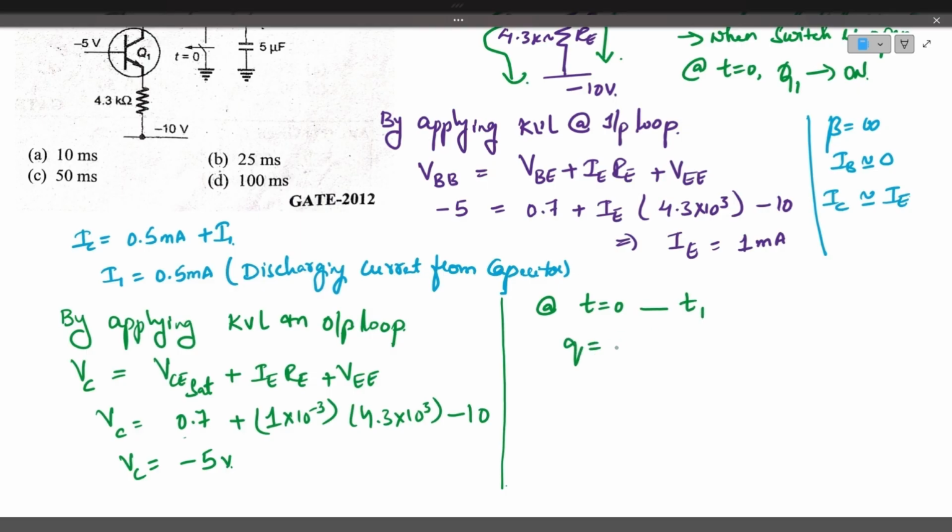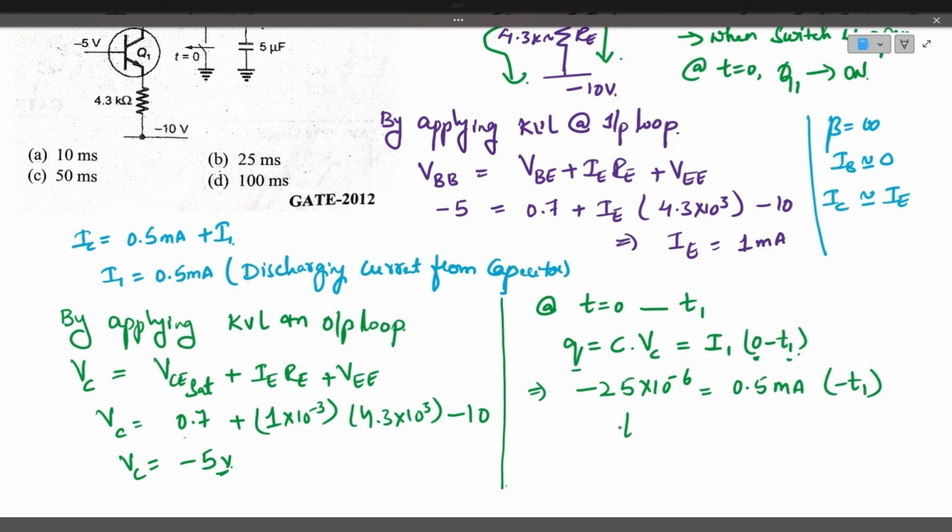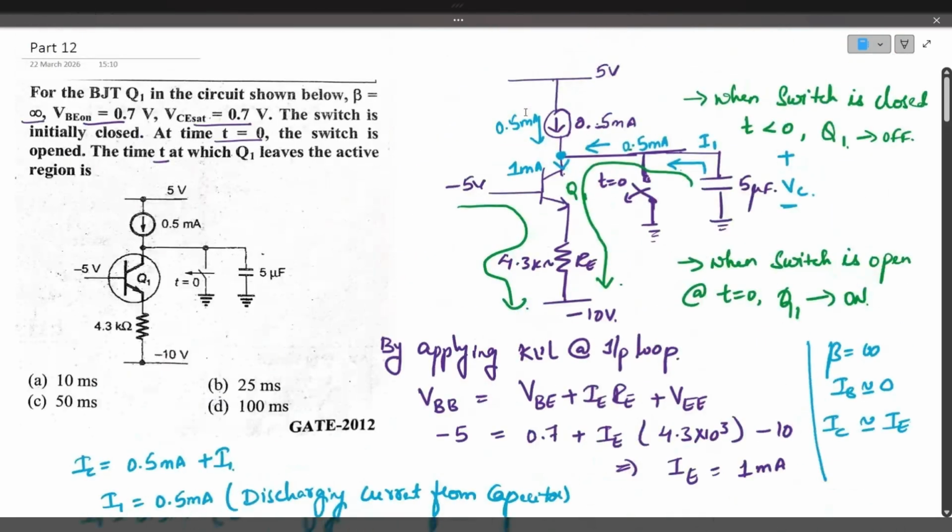The charge across the capacitor, Q, equals capacitance times the voltage across the capacitor, which is also equal to the current I1 times the time interval 0 to t1. Substituting these values, Q is minus 25 times 10 to the power of minus 6, because the capacitance is 5 microfarads and the voltage across it is minus 5 volts, equal to the current I1 of 0.5 milliamps times t1. The interval t1 is the time taken by the transistor to leave the active region, which is 50 milliseconds. So the answer is option C.